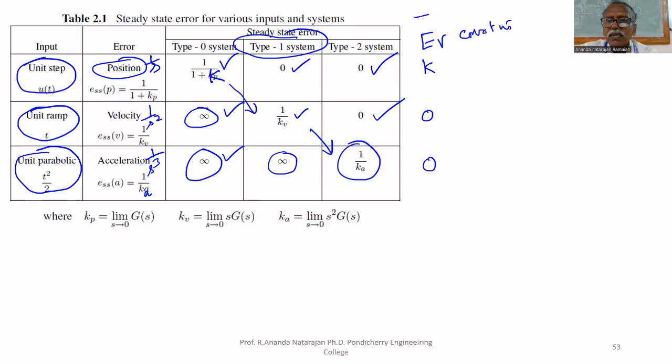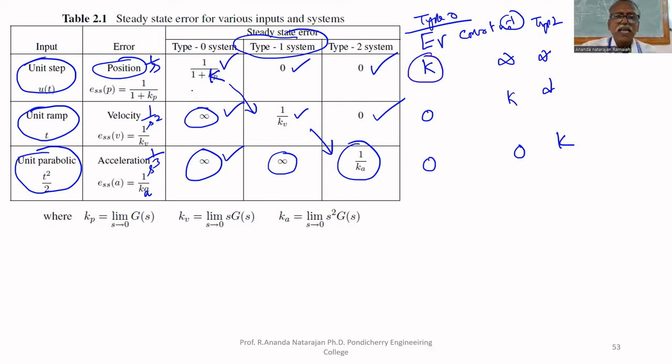For a type 1 system, you will get infinity, K, 0. For a type 2 system, infinity, infinity, K.